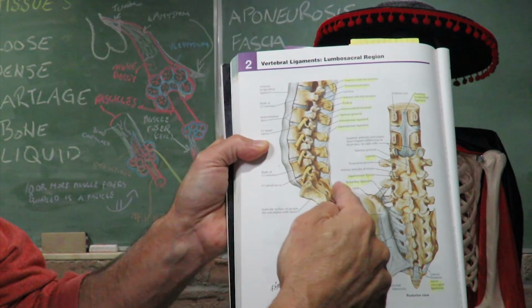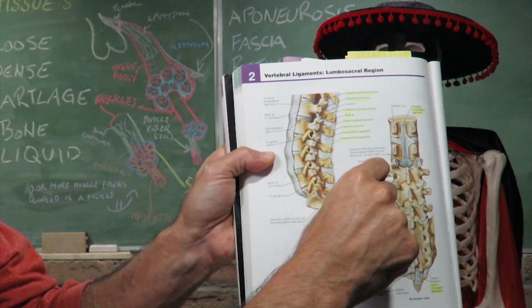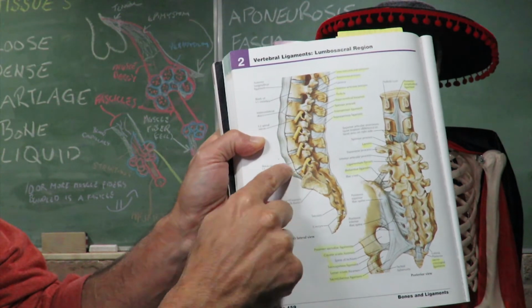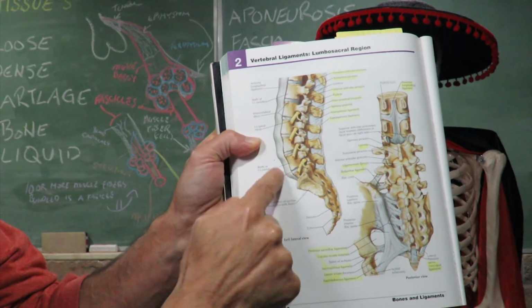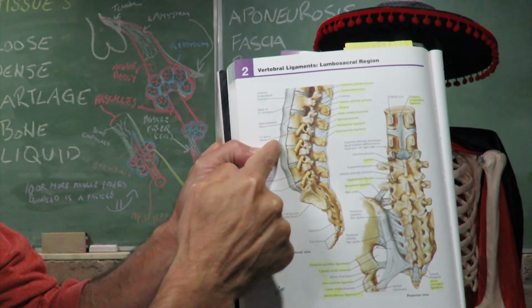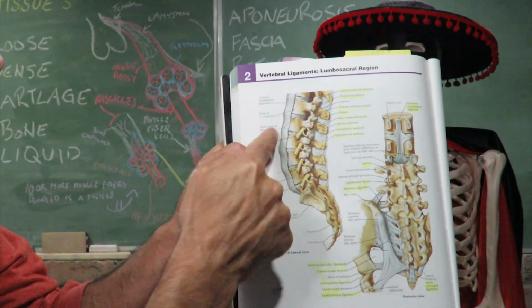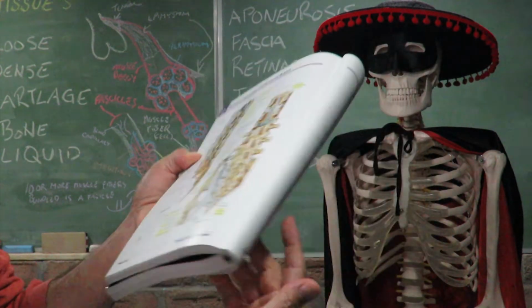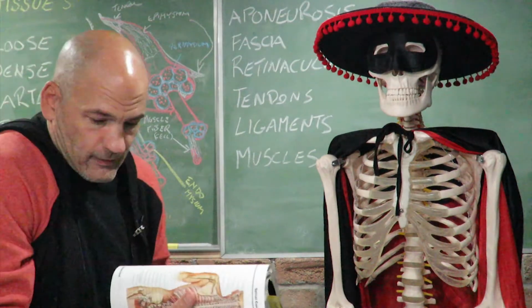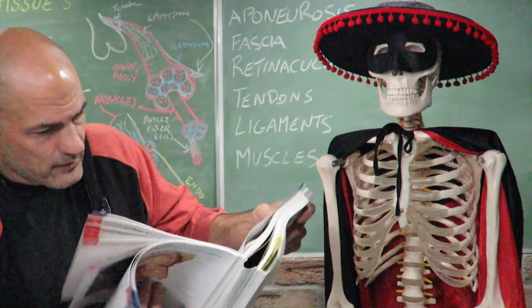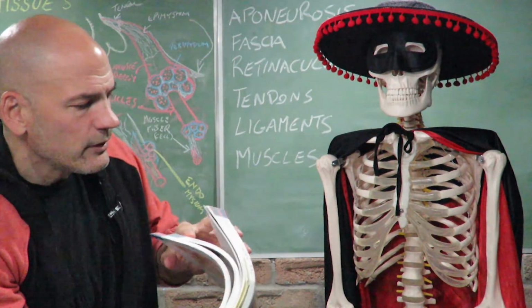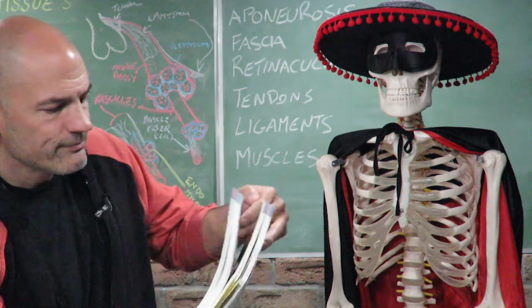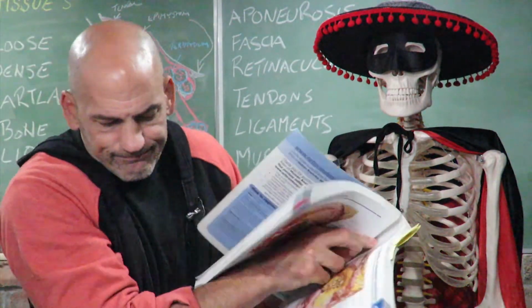This is the posterior portion of the spine. Here are the spinous processes coming off the back. This here is the ligament. That's the anterior longitudinal ligament. Now it actually goes up the entire length of the spine. This is just the lumbar spine. Oops, the book is falling apart because I use it so much.